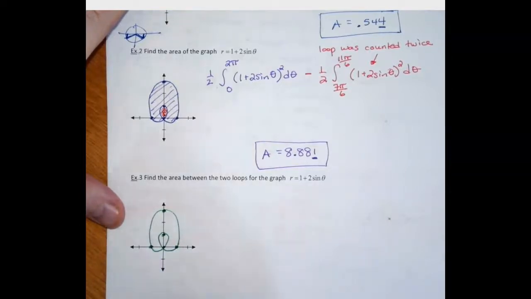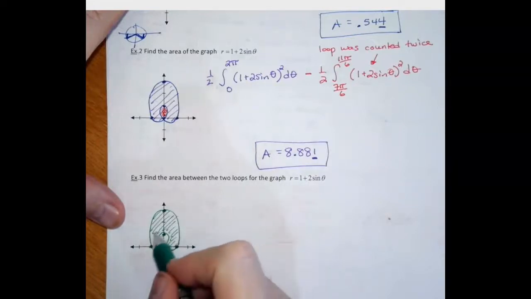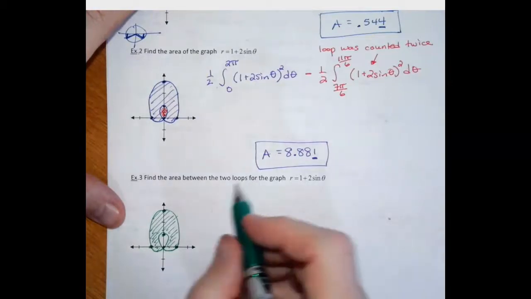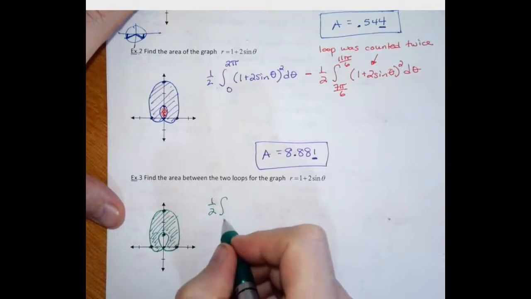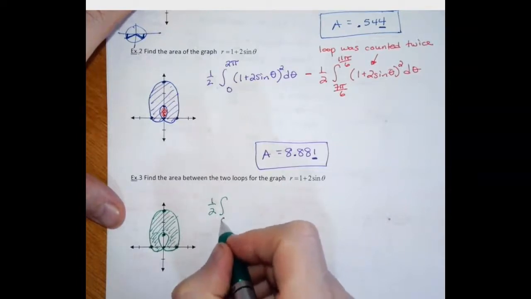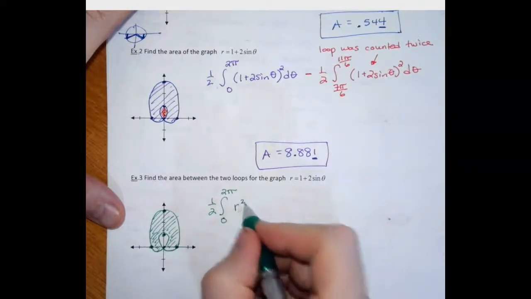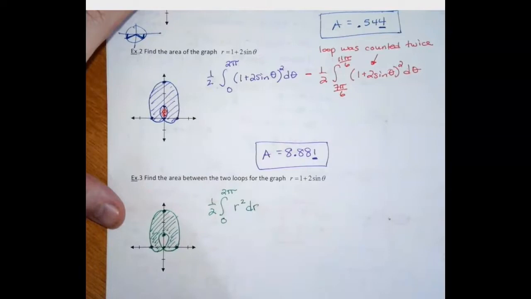Something like that. Now it's just asking us for the area between those loops. Okay, so here it's almost the same thing as that if you think about it. So we'll start off with this. This will be 0 to 2 pi, and we can just put r squared here like that.